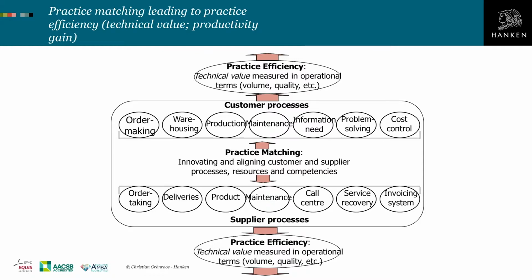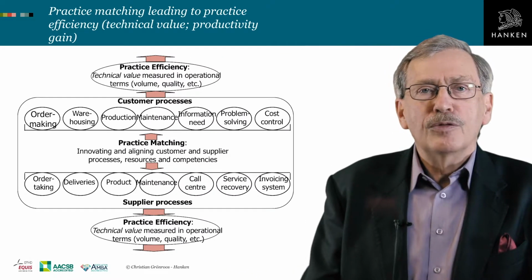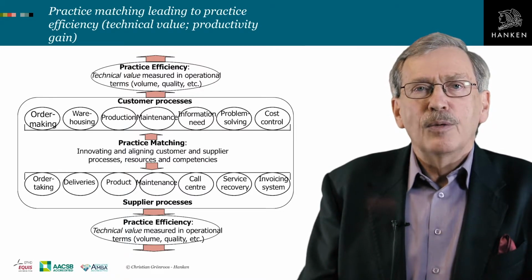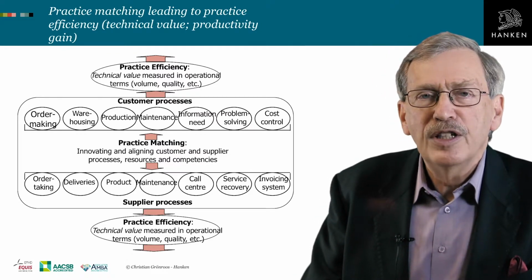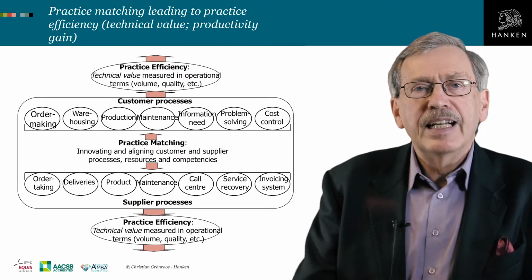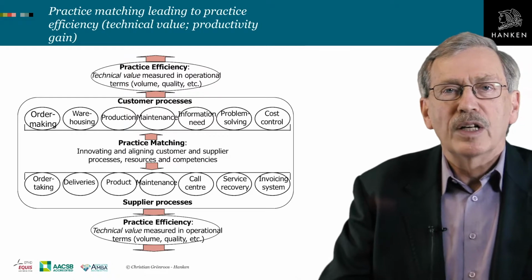And if the matching has functioned well, the customer's processes will be more efficient, measured for example in volume or quality or time or any other technical way. But the same happens for the supplier. We can talk about the practice efficiency developing when this practice matching has taken place. The supplier can, in the best case, function more efficiently, or perhaps at the same efficiency level as before. This is a kind of technical value measurable again in, for example, volumes, quality, and so forth.